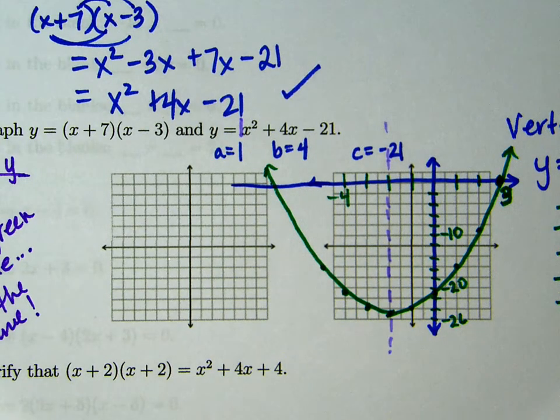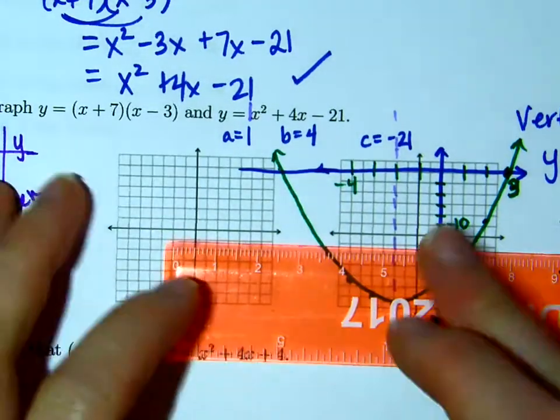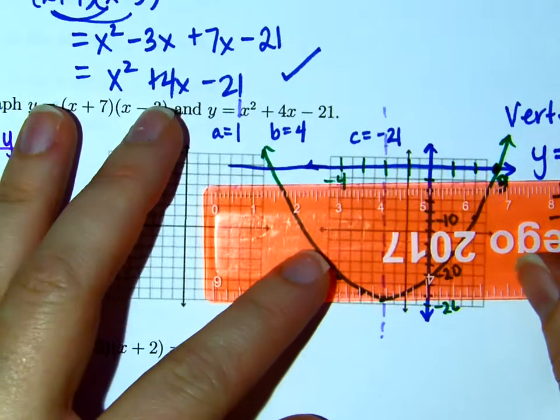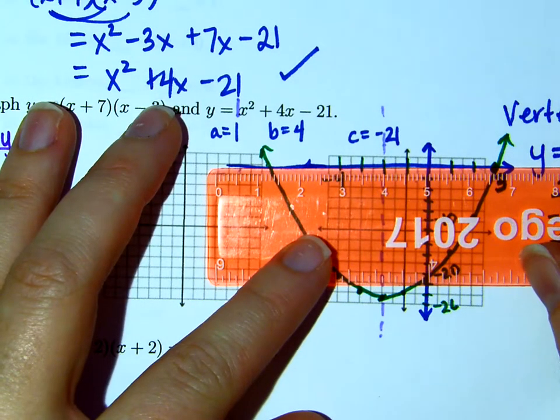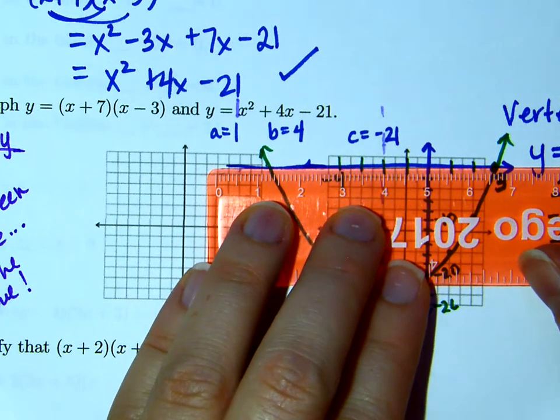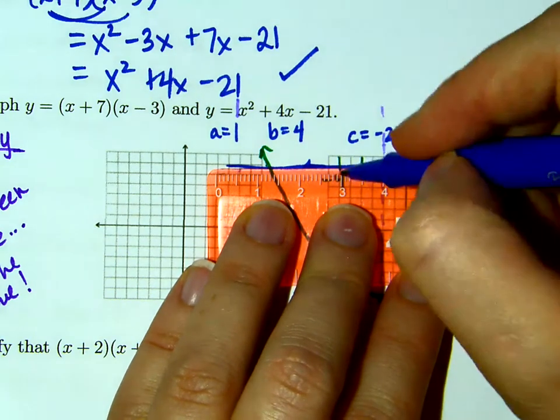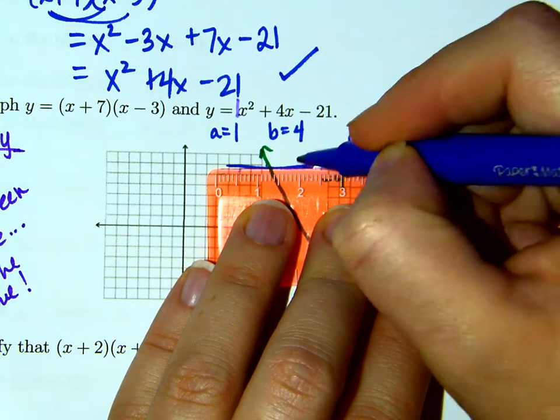So I'm going to spend a moment. I have a ruler from when we were doing the triangles. Ooh, look it. They do line up. This is cool. Sorry. Didn't do this on purpose.